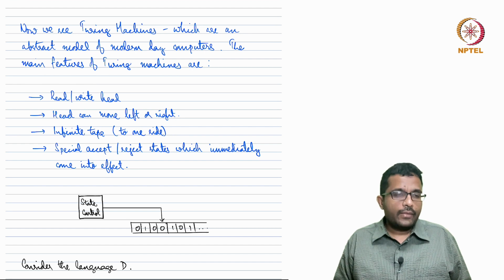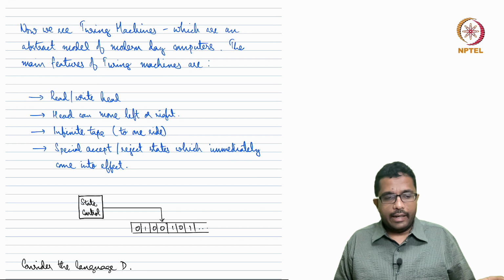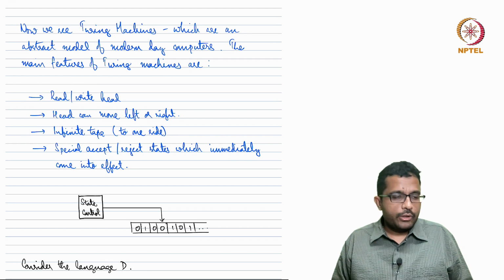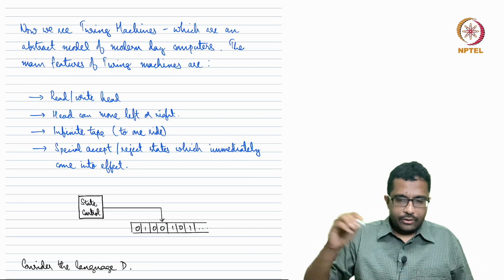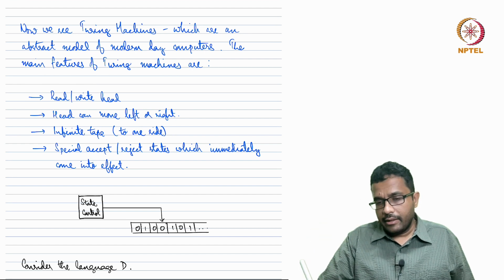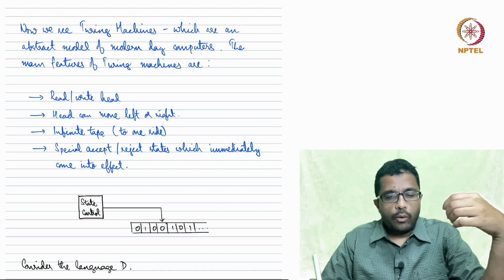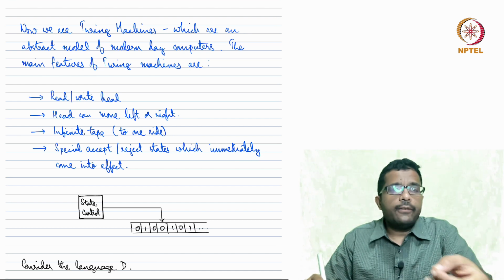And finally, we had accept states in DFAs, NFAs and PDAs. You do the processing, you may jump across many states, you may go to the accept state while more string remains. What really mattered is where we are at the end of processing the string.